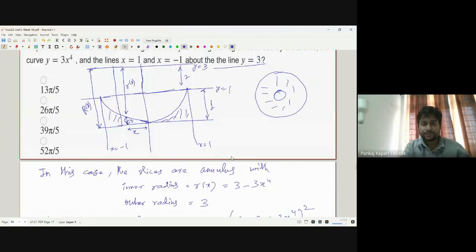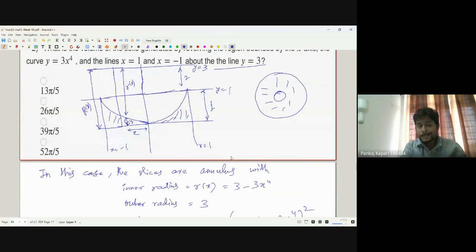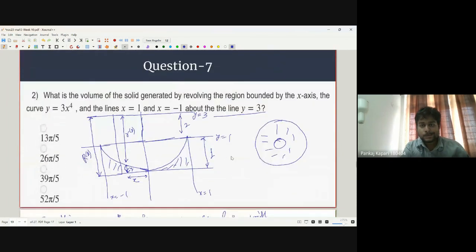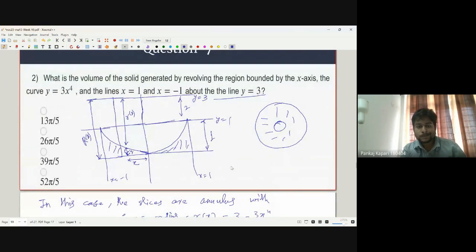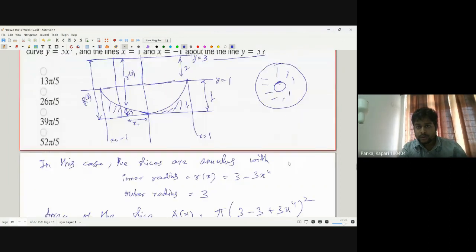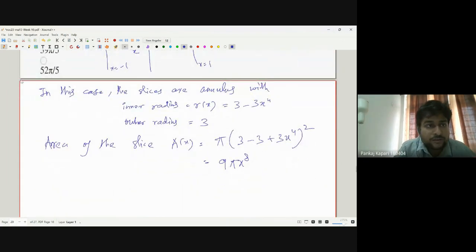Okay, so I think this area of the slice is wrong.